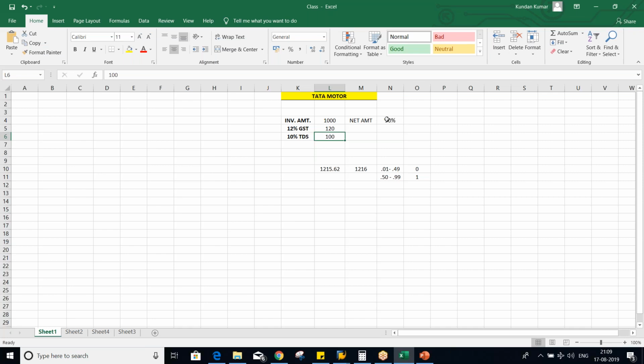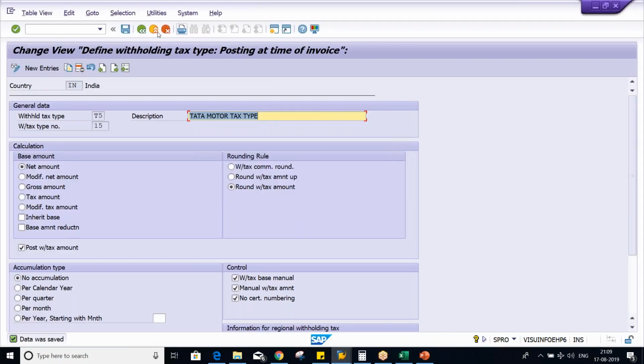Let's suppose I say the base amount percentage subject to tax is 50%. It means what is the 50% of base amount, guys? Here 1000 is there. The 50% of 1000 is how much? 500. So now the tax is going to be calculated on 500 only. It means the 10% TDS of which amount? 500. So how much it is? 50 rupees only, right?